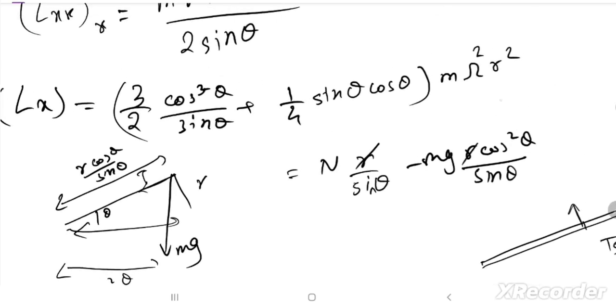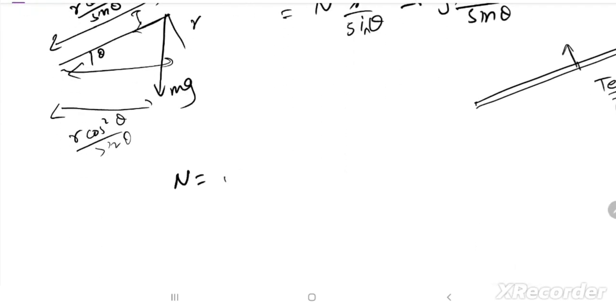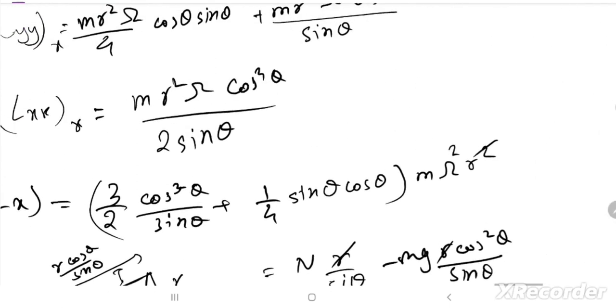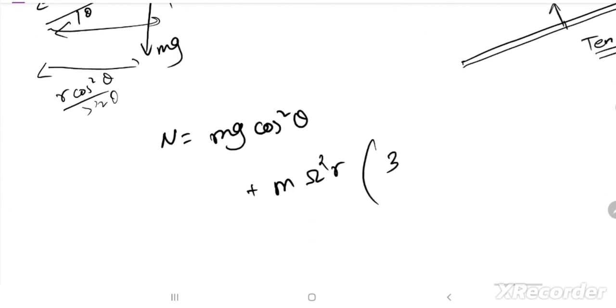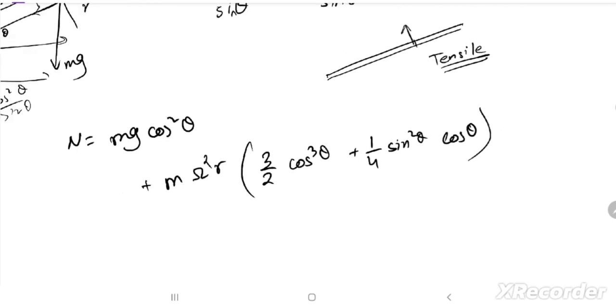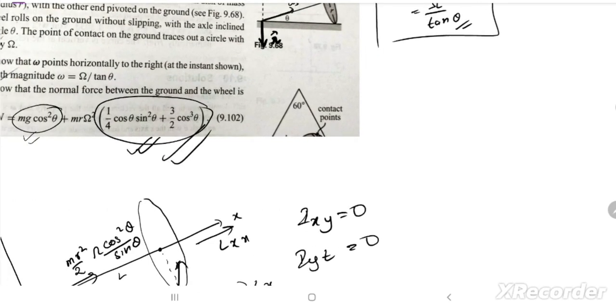A little bit more simplification, cancelling all the r's, and then you'll get N is equal to mg cos square theta plus m omega square r into 3 by 2 cos cube theta plus 1 by 4 sine square theta cos theta. So this is the expression of normal reaction, and if we see the solution, yeah, we get the same result.